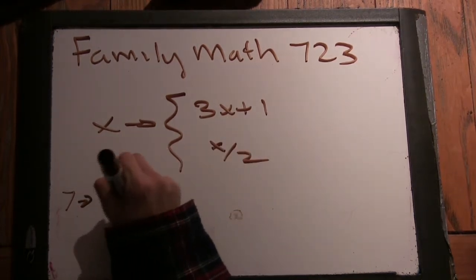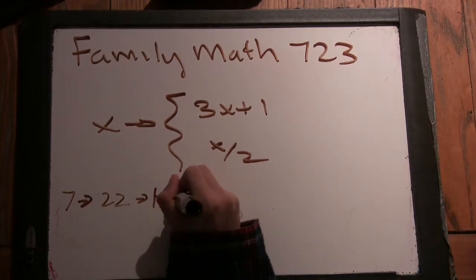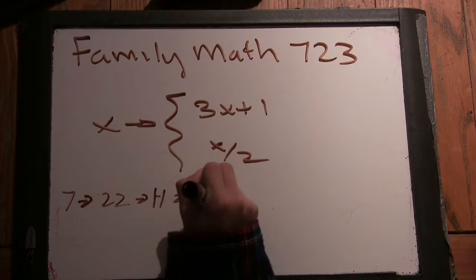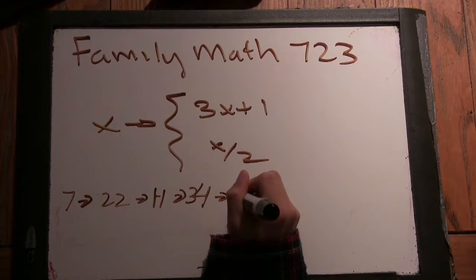So, let's see, this goes to 22. Divided by 2 is 11. Then 34. 17.